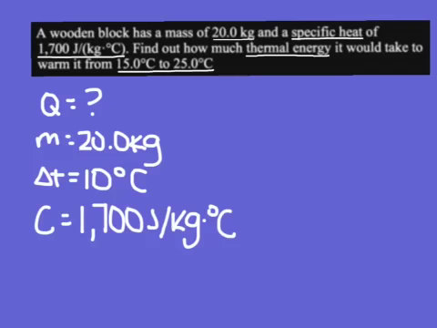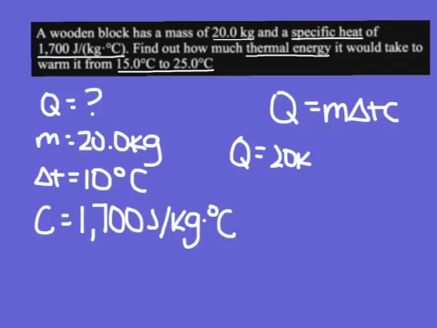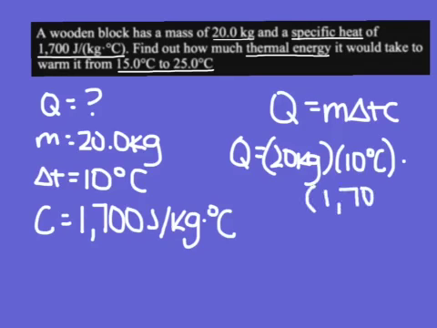Okay, now our formula is Q equals M triangle T C. Just multiply. So now we plug things in. 20 kg times 10 degrees Celsius times, I'm going to come over here, I've got room, 1,700 joules per kg times degrees Celsius.